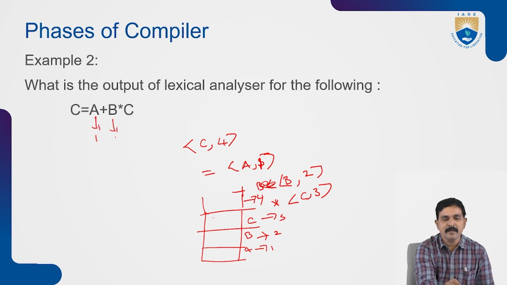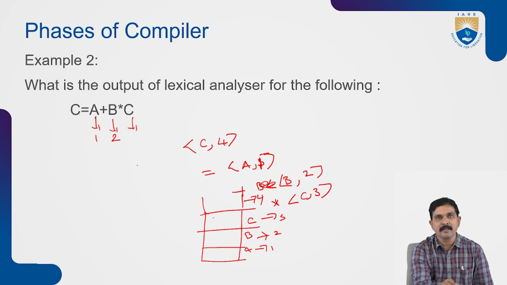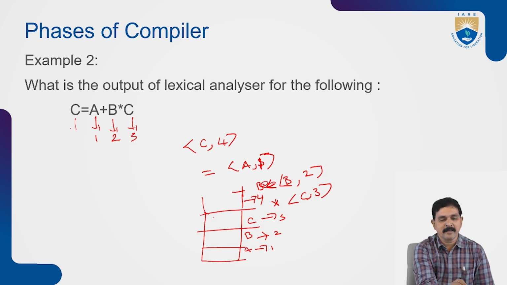So we assume this entry is 1 in the symbol table. The value of B is stored in the symbol table at entry 2. The value of C is stored in the third entry of the symbol table. Finally the result of C is stored at the fourth entry of the symbol table. So the equal symbol has no symbol entry, only the variables do.